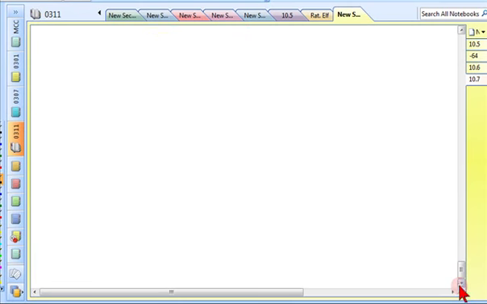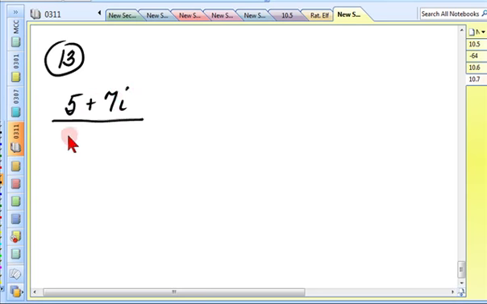All right, number 13. I have (5 plus 7i) over (1 plus i), and I have to find the quotient. All right. What will I multiply by?